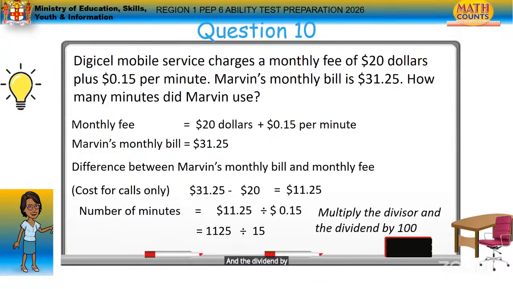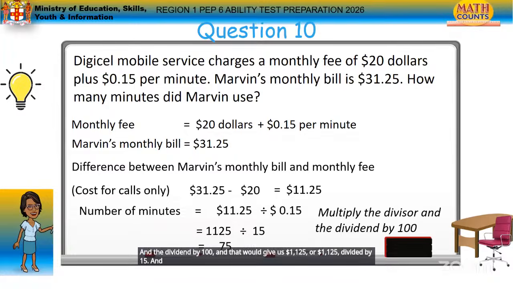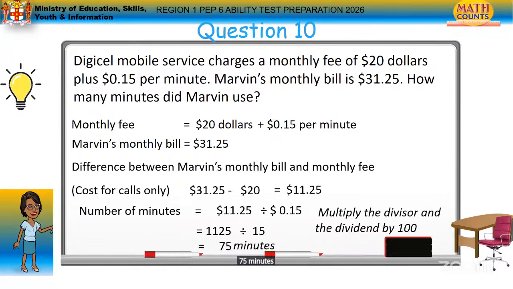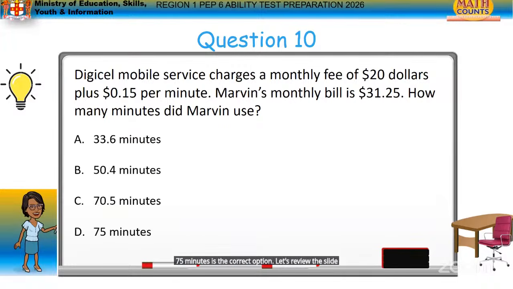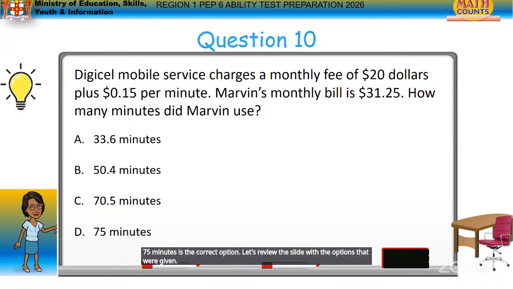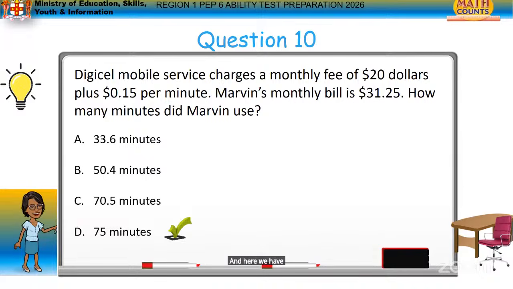And that would give us 1,125 divided by 15. And like we heard earlier, 75 minutes is the correct option. So let's reveal the slide with the options that were given. And here we have it. 75 minutes is the correct answer.